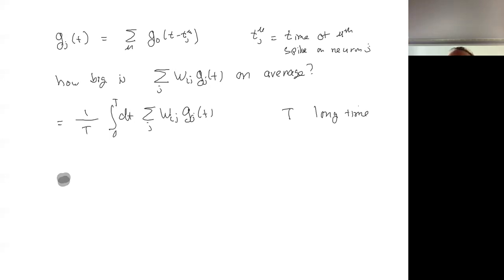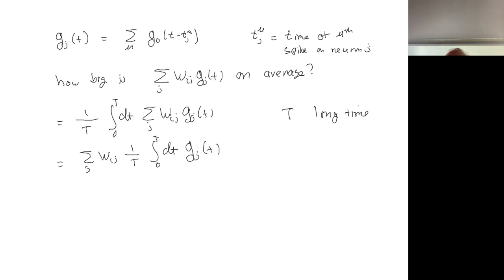This equals the sum on j of Wij times 1 over T, the integral from 0 to T dt of Gj of t.